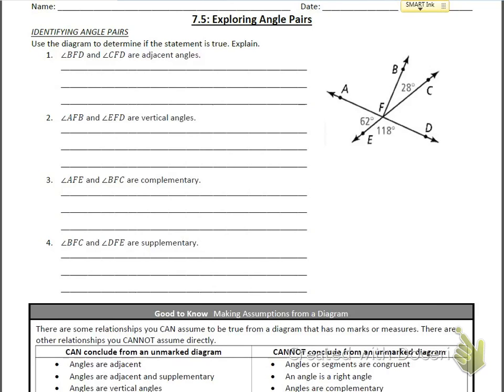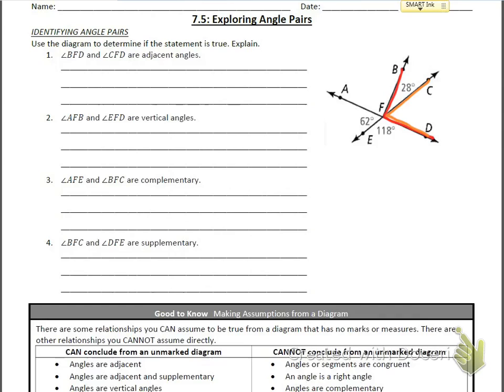So, the first statement says angle BFD. So that's this one right here, BFD. And angle CFD. CFD. Let me use a different color. Are adjacent angles. Is that true or false? False.